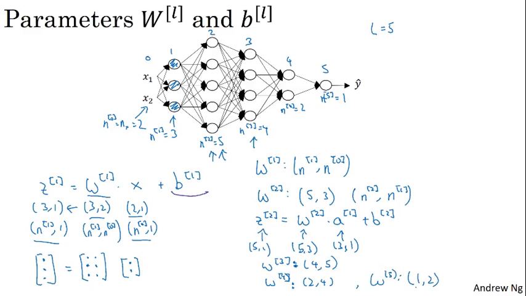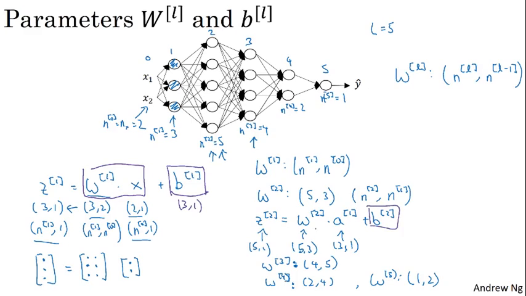Okay? So the general formula to check is that when you're implementing the matrix for a layer L, the dimension of that matrix must be NL by NL minus 1. Now, let's think about the dimension of this vector B. This is going to be a 3 by 1 vector, so you have to add it to another 3 by 1 vector in order to get a 3 by 1 vector as the output.